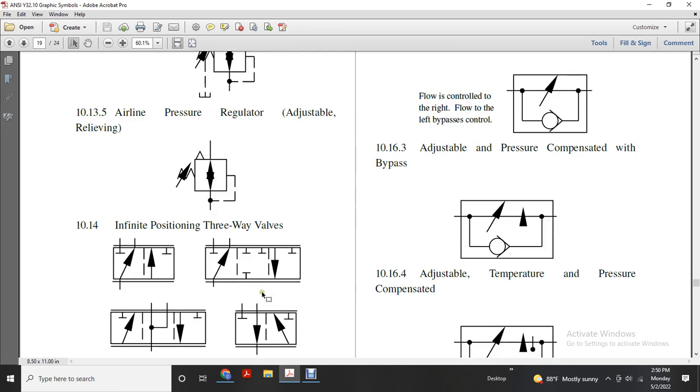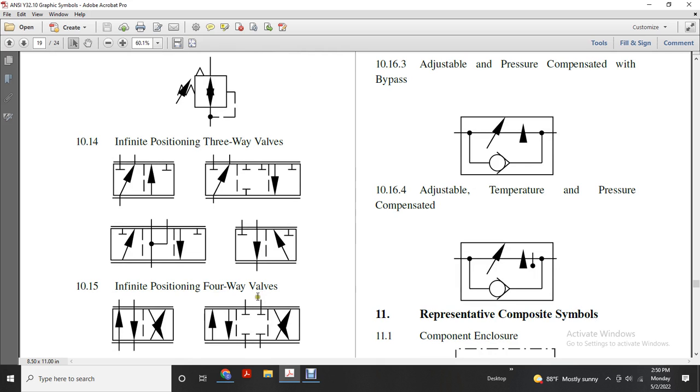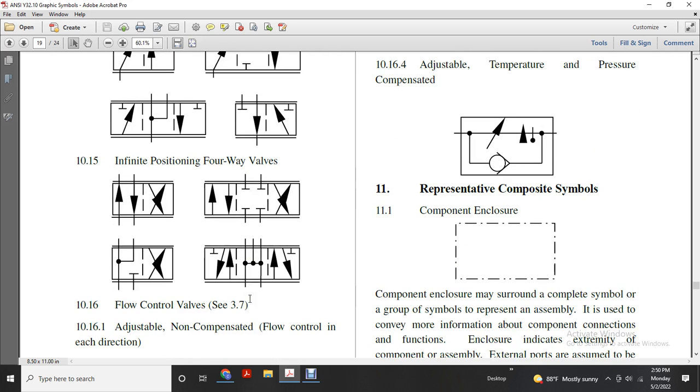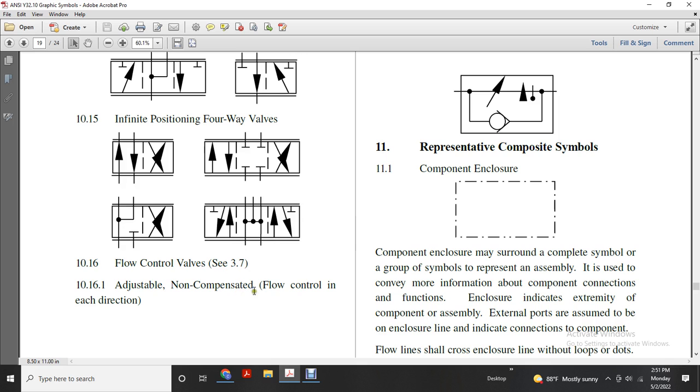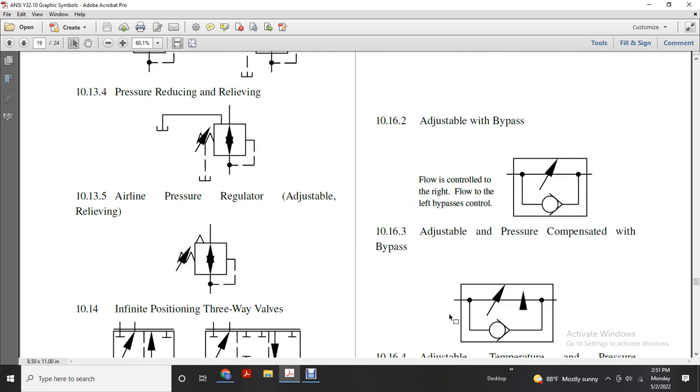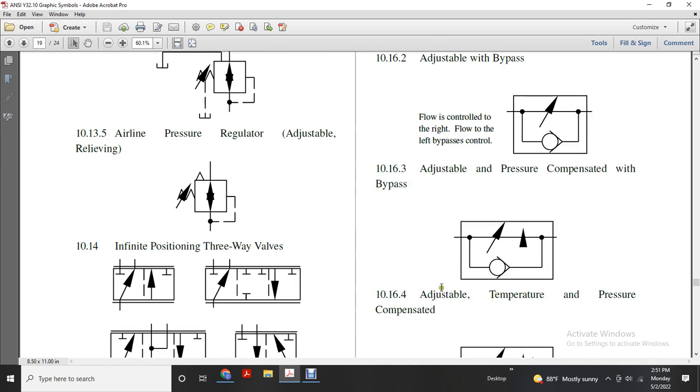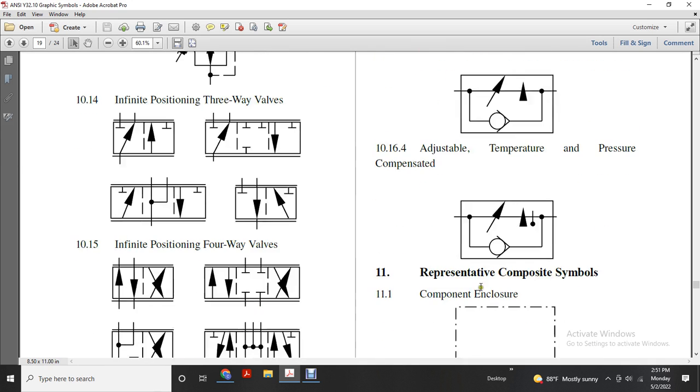Infinite position, three-way. Infinite position, four-way valves. Flow control valve: adjustable, non-compensated flow control in each direction. Adjustable with bypass, flow control to the right, flow to the left, bypass control. Adjustable, pressure compensated with a bypass valve. Adjustable, temperature and pressure compensated.